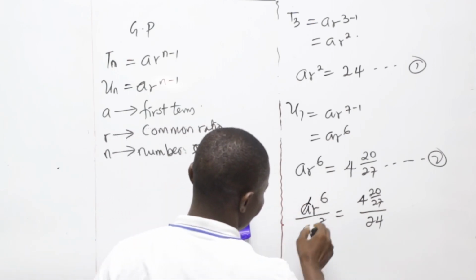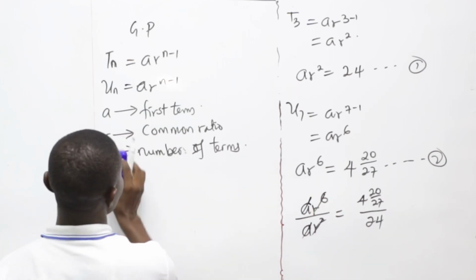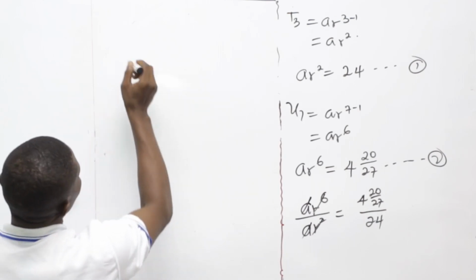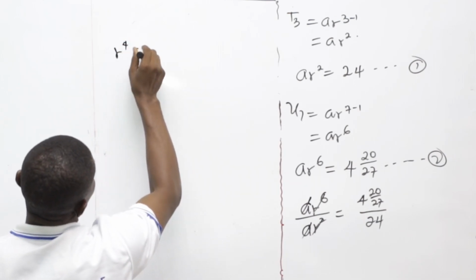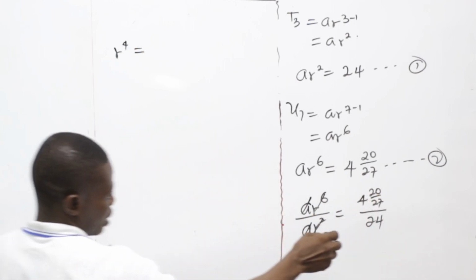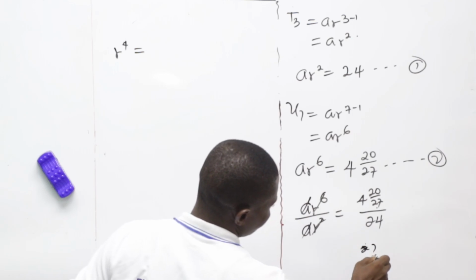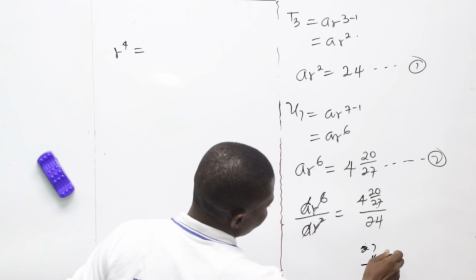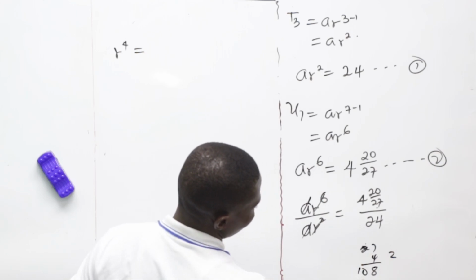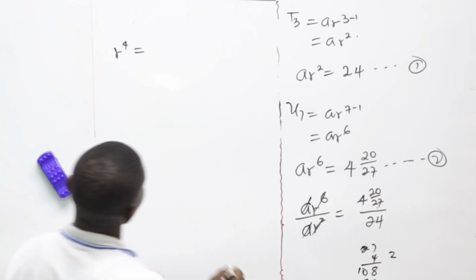So at least you know that A will cancel A, and R is going to remain, so we'll be left with R power 4 equals, now let us decongest this thing that looked like a gallop. 27 multiplied by 4: 27 times 4 is 8 carry 2, 8, 108 plus 20, 128.